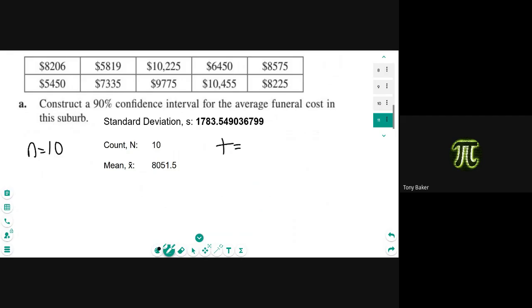So my degrees of freedom is 9, and I'm looking at the 0.10 two-tailed. All right, so now just plug those numbers in.